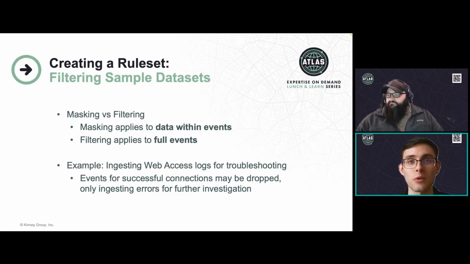So, for example, we're looking at these web logs. Maybe it's been decided that we only need to ingest logs for troubleshooting. We only want to ingest errors. So events for successful connections don't apply. And we want to be able to filter that out or maybe route them elsewhere. So I'm going to throw it over to Brett, and he'll show us an example of filtering logs.